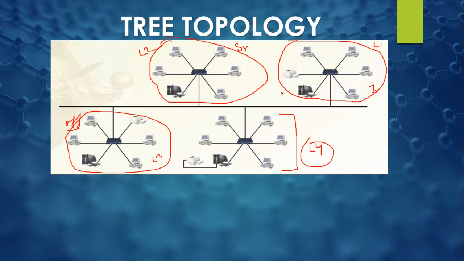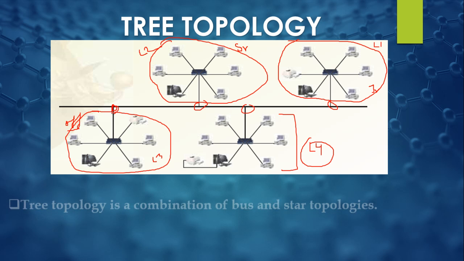If I want to connect all these different networks to each other, then there is a pattern in which I lay down a single cable and connect all these networks to this single cable. You can see that in this case we have various star topologies, and bus topology is also there. So when there is a combination of both star and bus, then we call it a tree topology.